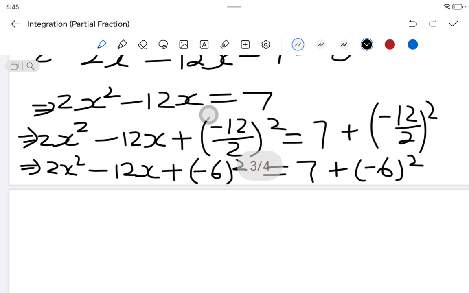Do you see this? Now if we check this, or if we wanted, we could have easily factored out the 2 here. It would have been much simpler that way, right?